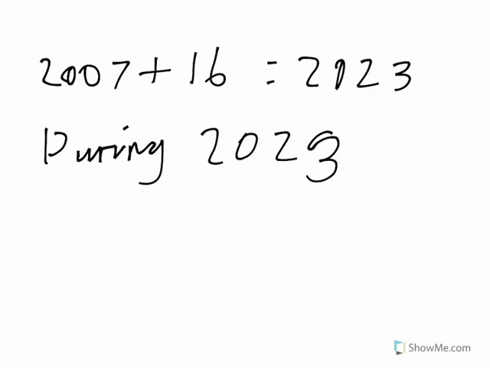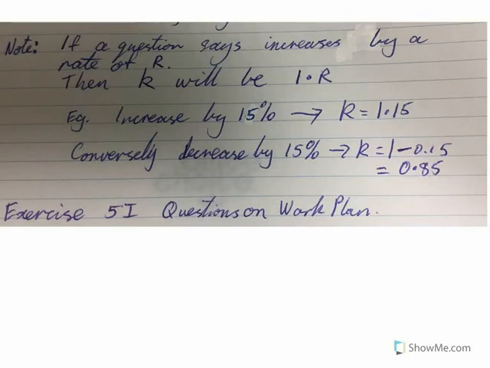Alright, so that's about it. There's one more thing, one little note, and that little note is about k. Just in reading the questions, if it increases by a certain amount, so by a rate of r, then k is the original plus the extra. So that comes as 1 point, whatever that r is.